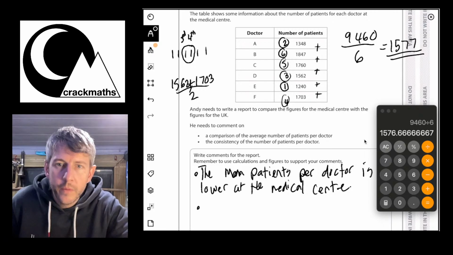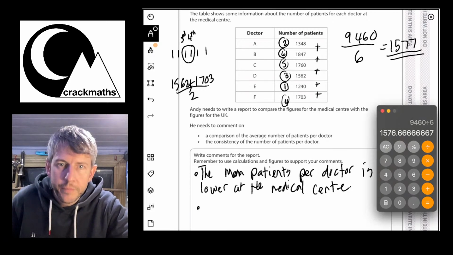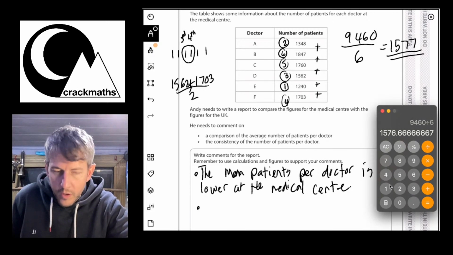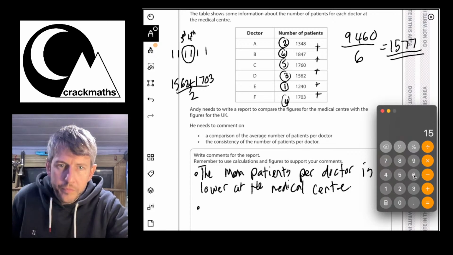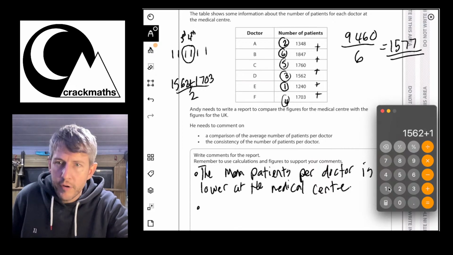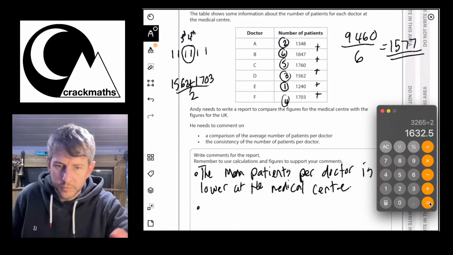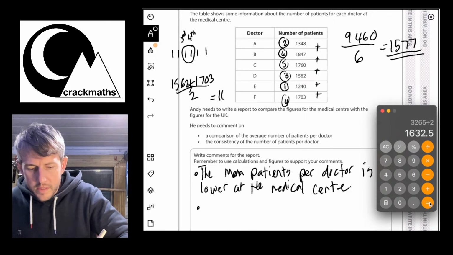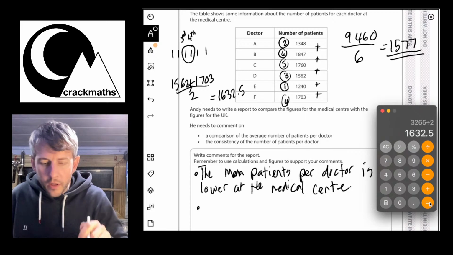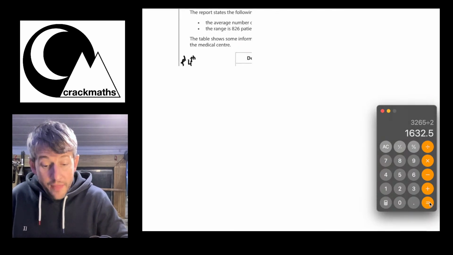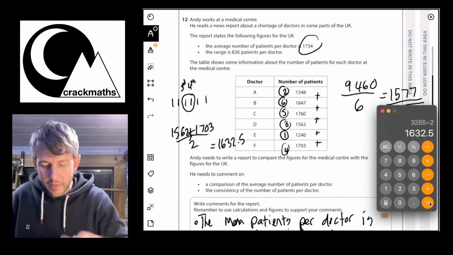So here we go. Let's find my calculator here. So let's do 1562 add 1703. That equals this. Divide this by 2. 1632.5. Now let's have a look. Is that lower? And that is still lower. Okay.